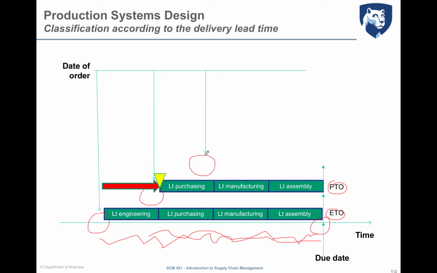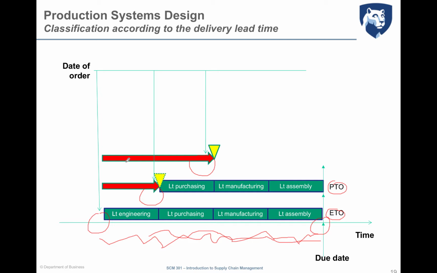Third case, there are industries in which the date of the order is not here, it is here. Here means that not only can you wait to engineer the product until the date of the order, but you can even purchase after the date of the order, because otherwise you will be late. So in this case, when the order arrives, you should have already engineered the product and the production system, so you should have an idea of product classification, the bill of material, and you also have to have materials which are already in the inventory.